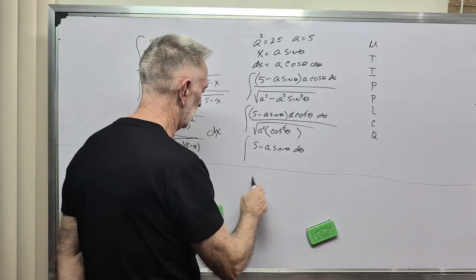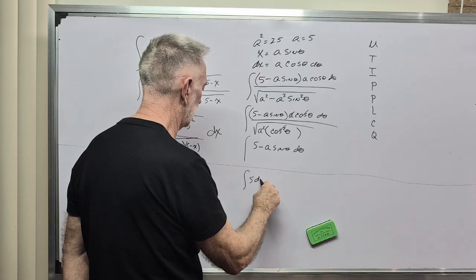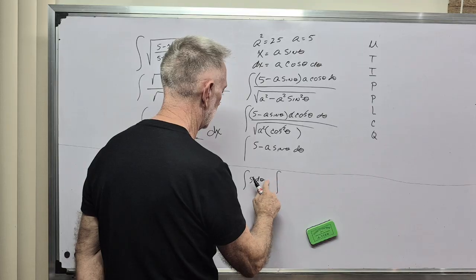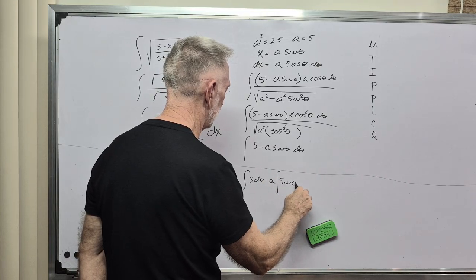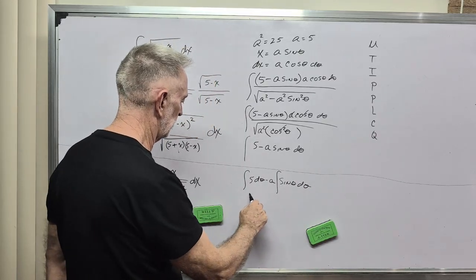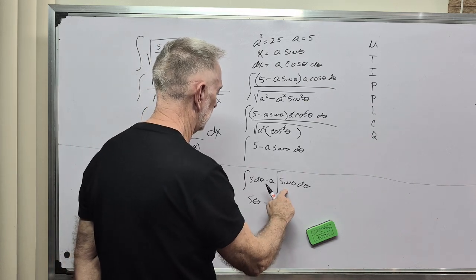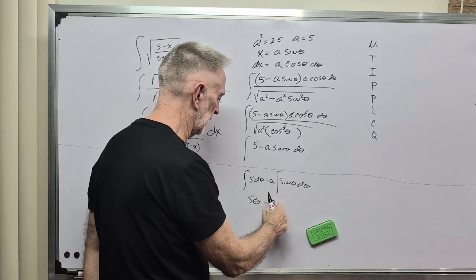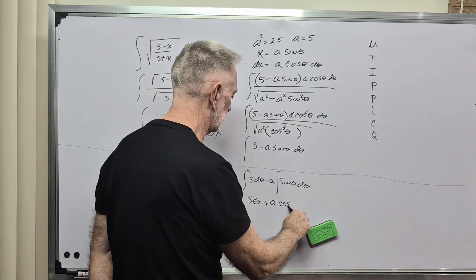Breaking this apart, it's the integral of 5 d theta minus a times the integral of sine theta d theta. So this becomes 5 theta minus a times the integral of sine, which is minus cosine, so the negative times the negative becomes positive a cosine theta.